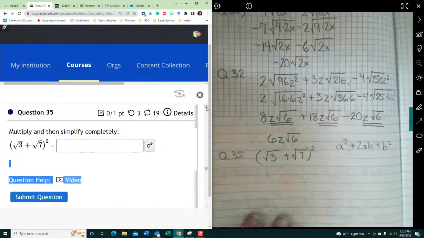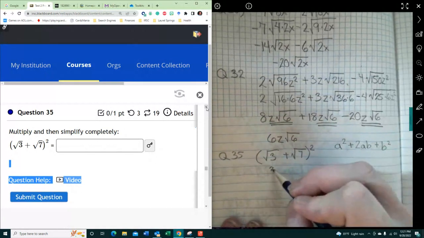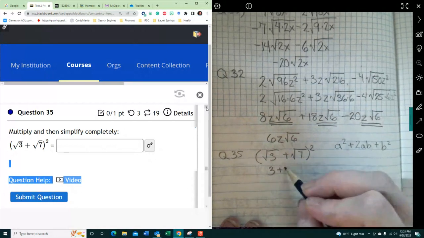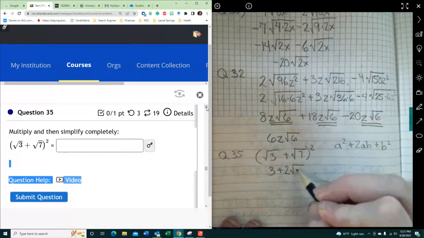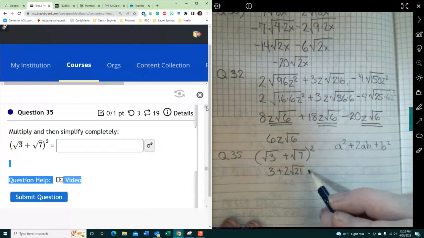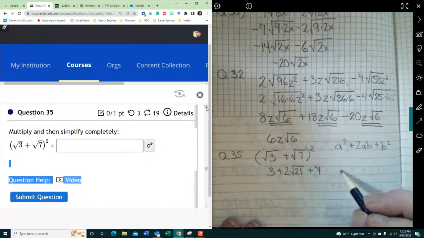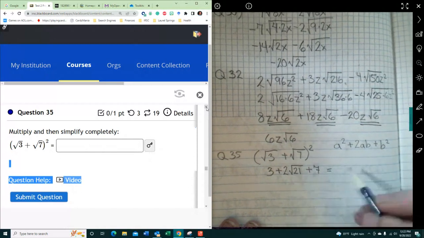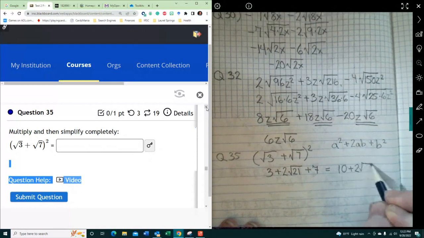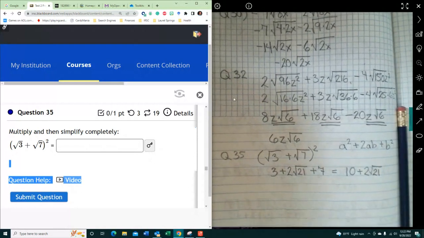We can use that perfect square formula. A squared is going to give us 3. Double the value of them multiplied together. And then go ahead and do b squared, which is 7. Add these two components together. 7 plus 3 is 10. Plus the 2 radical 21, and you're done.